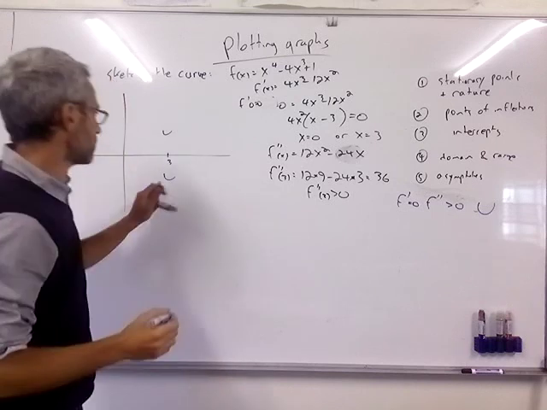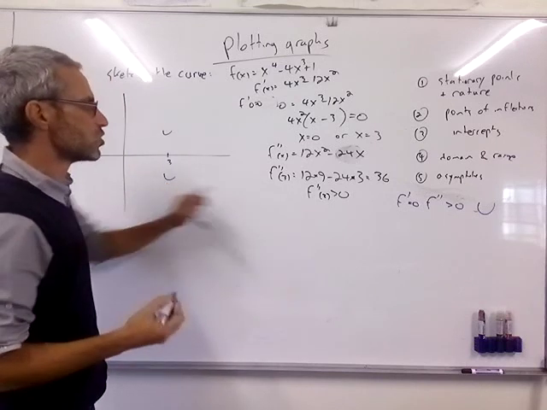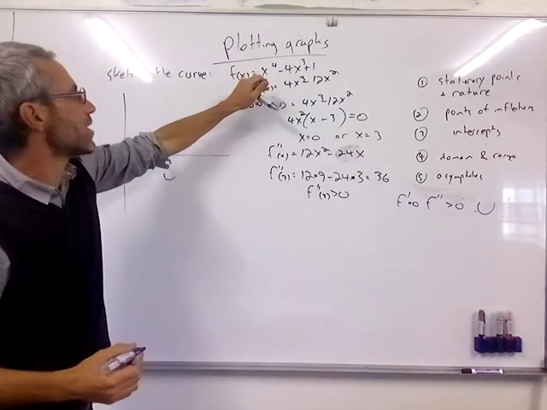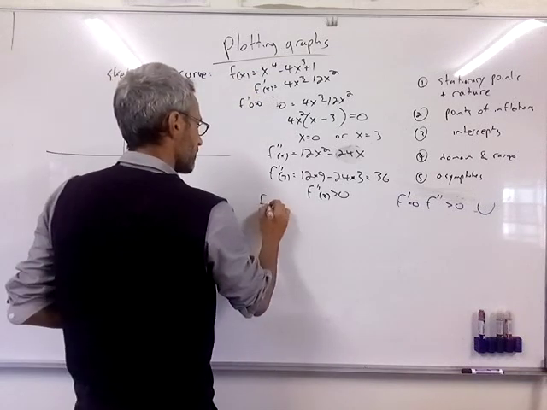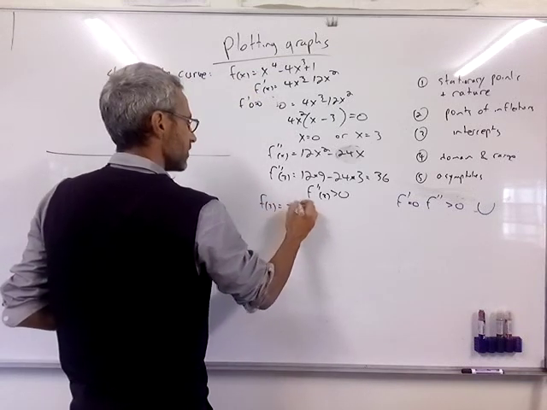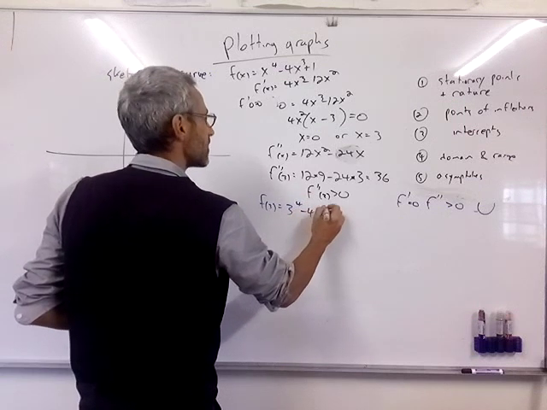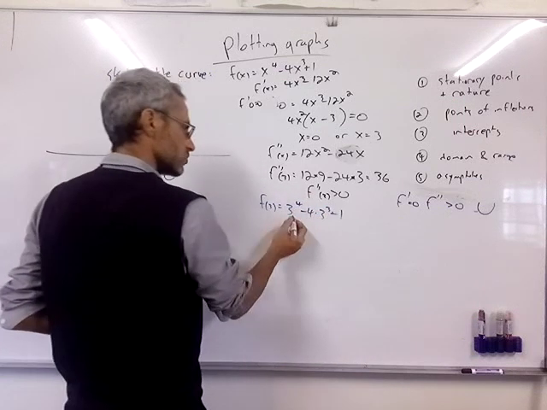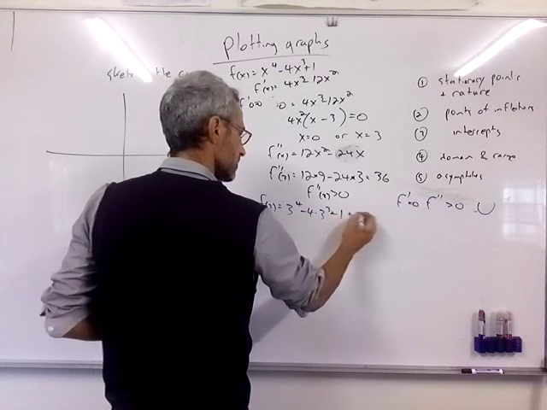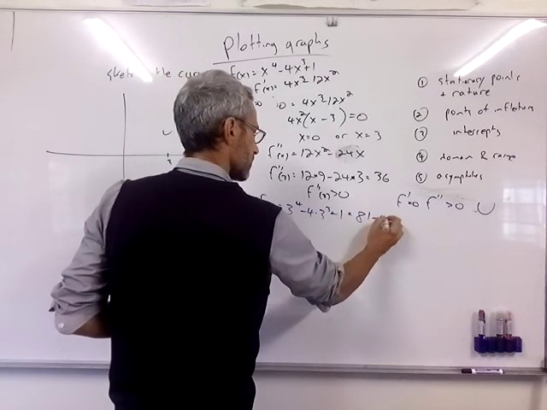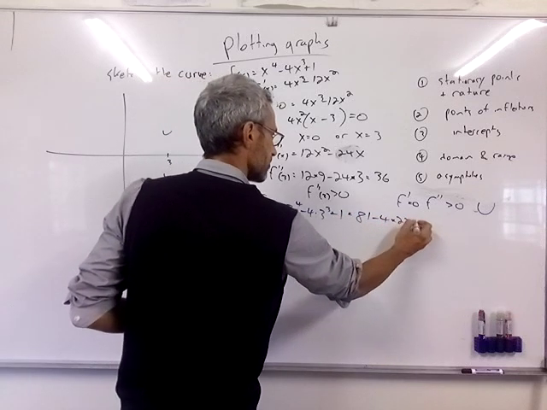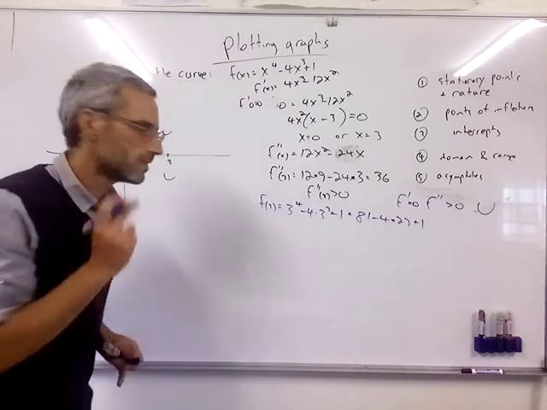Well, how am I going to know? Is it here or there? I just substitute 3 in the first equation. So f of 3 is going to be, I'll need a calculator again, 3 to the power 4 minus 4 times 3 cubed plus 1. So I've got 81 minus 4 times 27 plus 1. Minus 26.